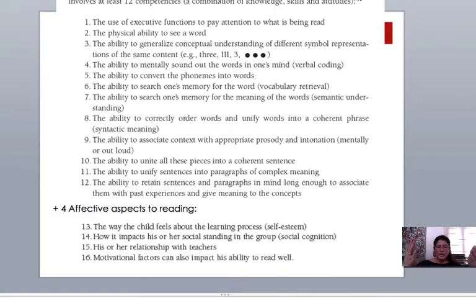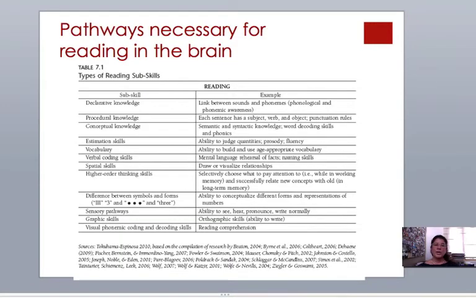So we know that each of these 16 different concepts relates to a different neural pathway. There's a huge complexity of things happening in the brain as it's learning to read, and they include all of these different elements simultaneously. We count on, for example, different types of memory systems, declarative knowledge, procedural, conceptual.